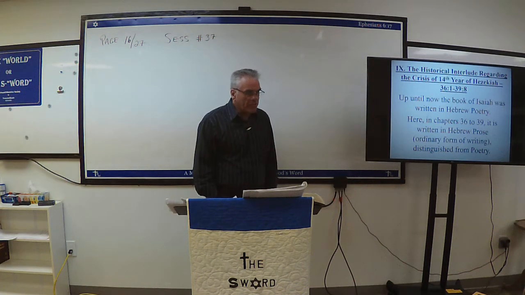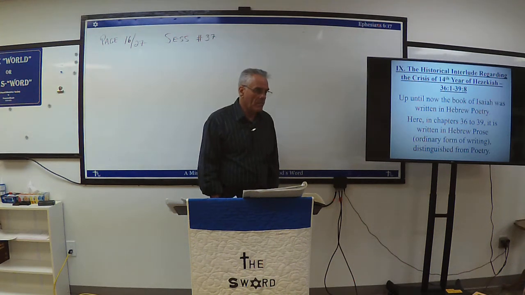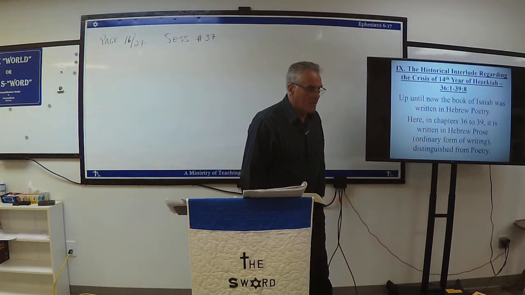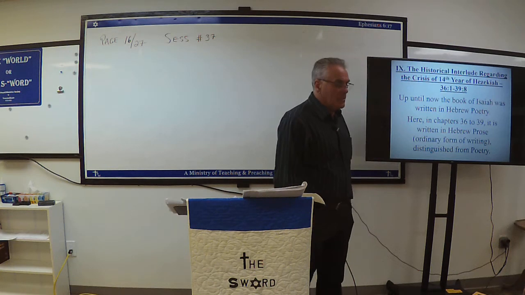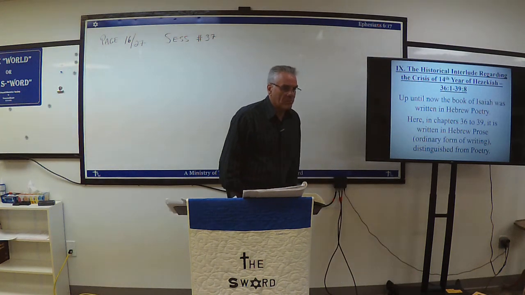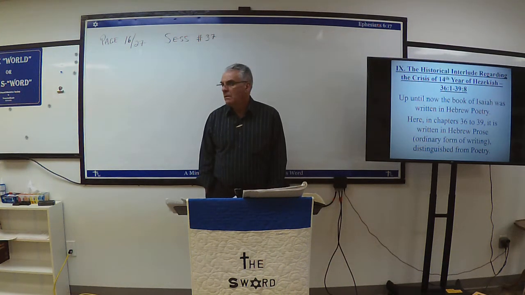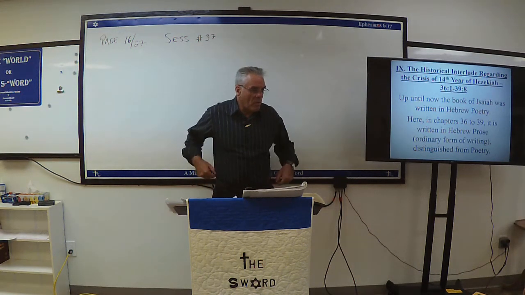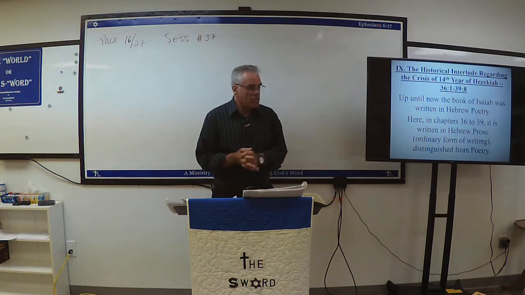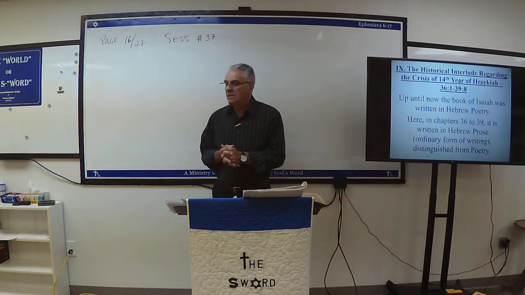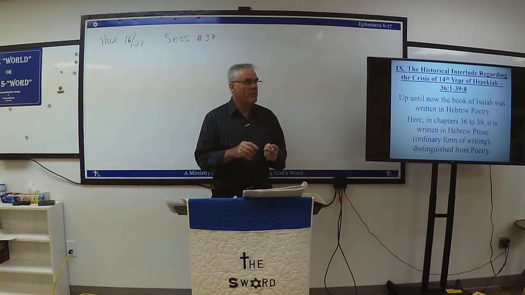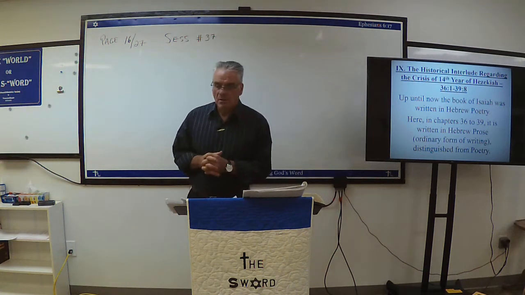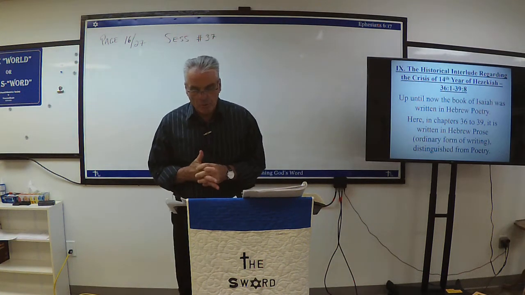That section of the book now, division 9, from 36 to 39, is written in Hebrew prose. If you don't know the word prose, it's the ordinary form of writing distinguished from poetry. So 36, 37, 38, and 39, 4 chapters, will be in the normal prose.